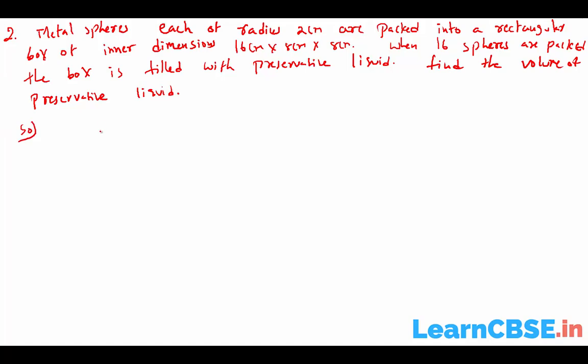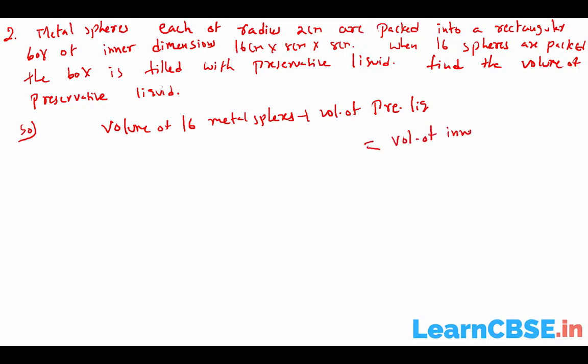That means volume of 16 metal spheres plus volume of preservative liquid must equal volume of the inner cuboid.